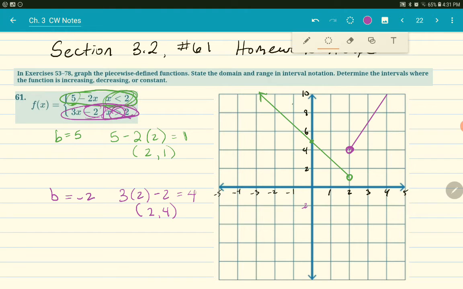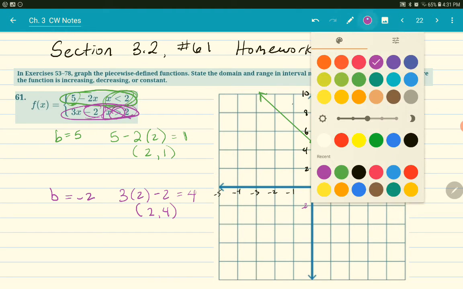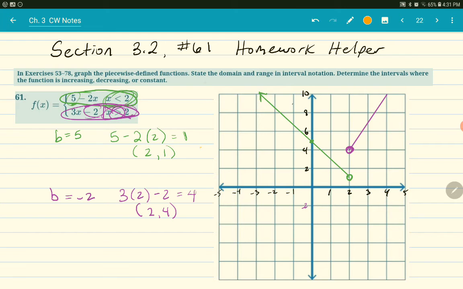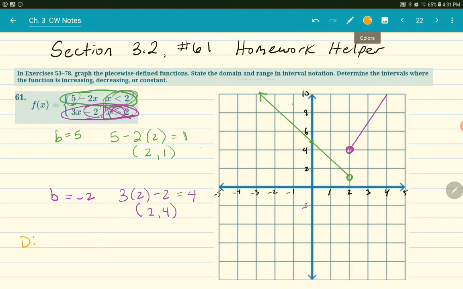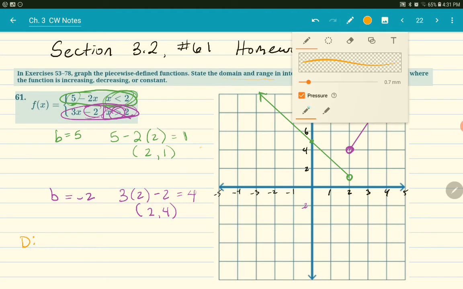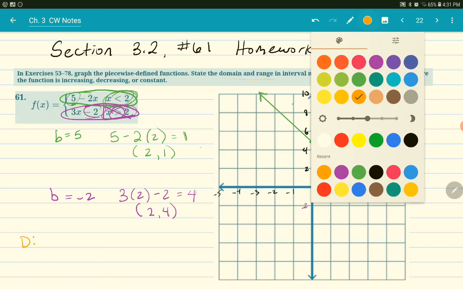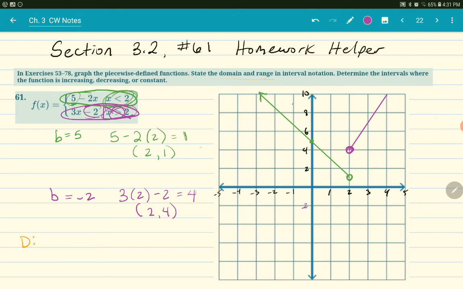And then my next questions are, state the domain and the range. So the domain's going to be, the green function goes all the way left for infinity. So it will start at negative infinity. And my purple one goes forever to the right.